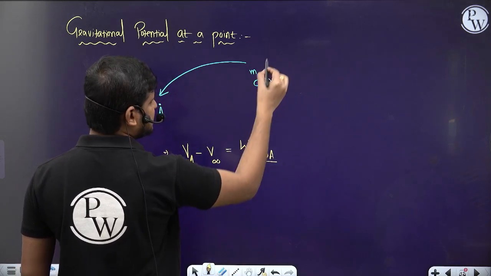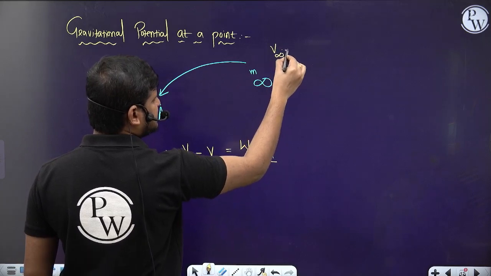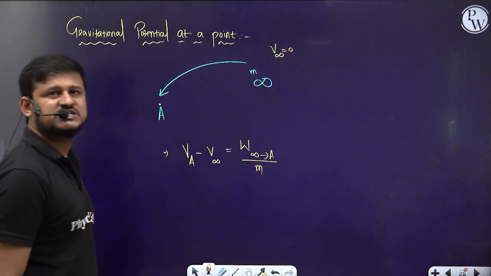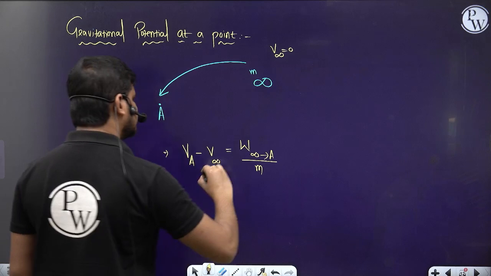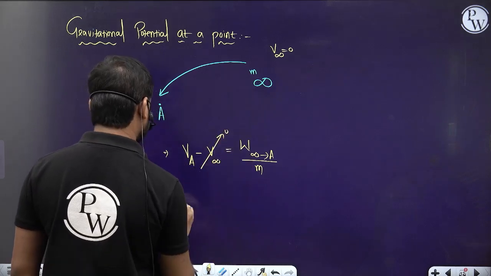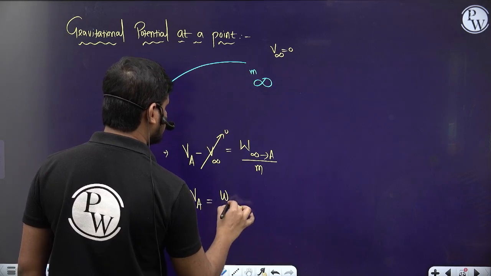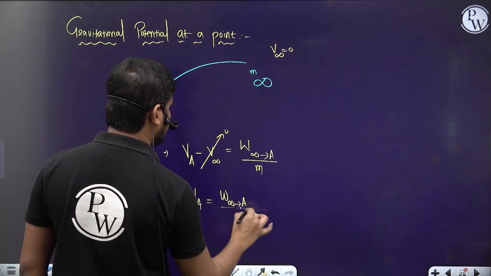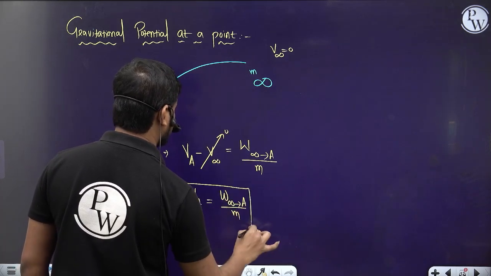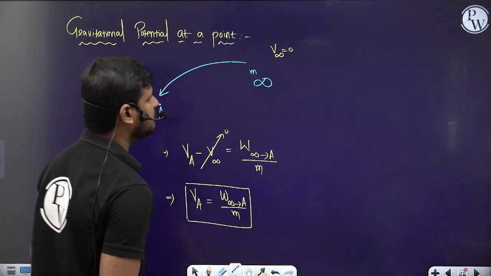Generally in physics, the potential at infinity is considered as 0, so this will become 0. So VA equals the work done from infinity to A by the mass m. This is the potential at a point.